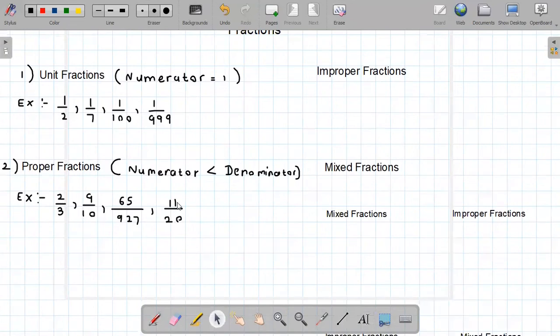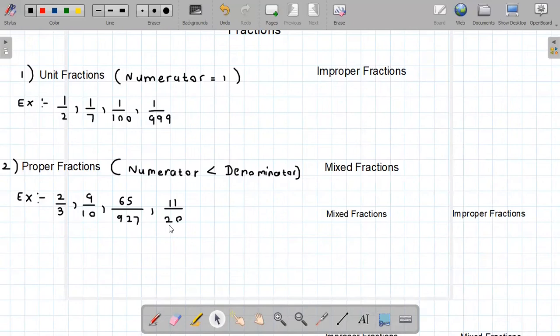So the next one, 11 over 20. As the other fractions, 11 is less than the denominator 20, which means it's also a proper fraction, right? I think that all of you have got this one, right?